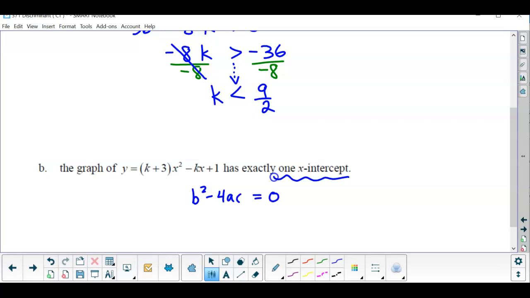And in this case, it's y equals, it's in standard form because there's the x squared term, the x term, and the constant. Just so happens, though, that a is 2 terms. B is negative k, C is 1. Okay? So you're going to have an equation in terms of k that you need to solve.